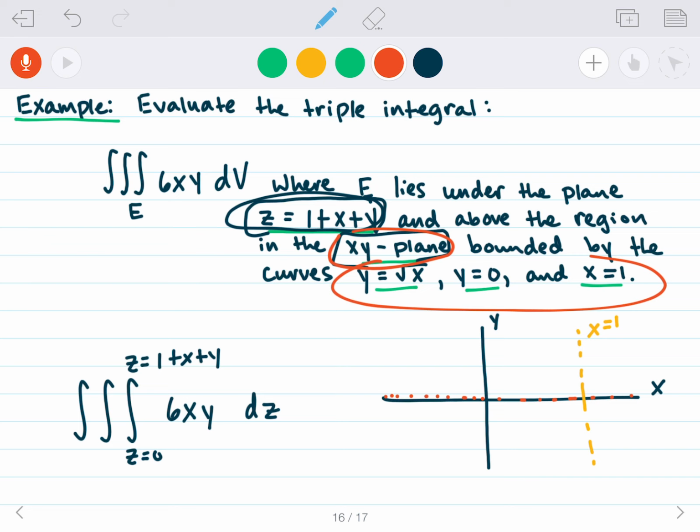And then y equals square root of x is going to be, let's see, if I plug in 0 for x, I get 0 for y. Yeah, so it's going to look something like that. This is y equals square root of x.